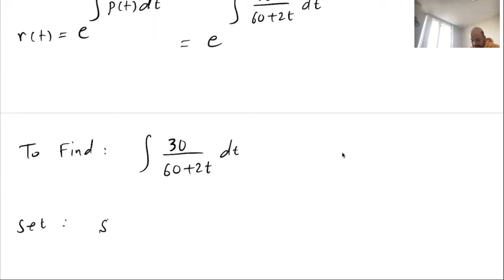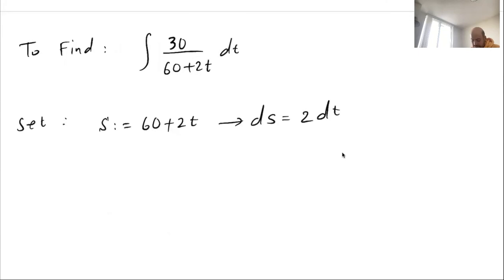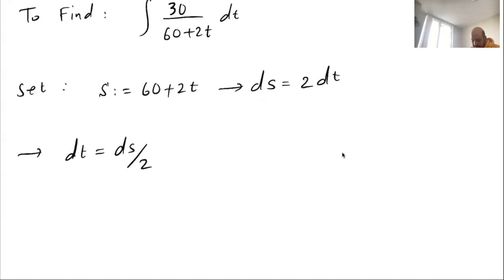Set s equals 60 plus 2t. Then ds will be equal to 2 dt. And then dt will be ds over 2. And then the integral will be 30 over s ds over 2.